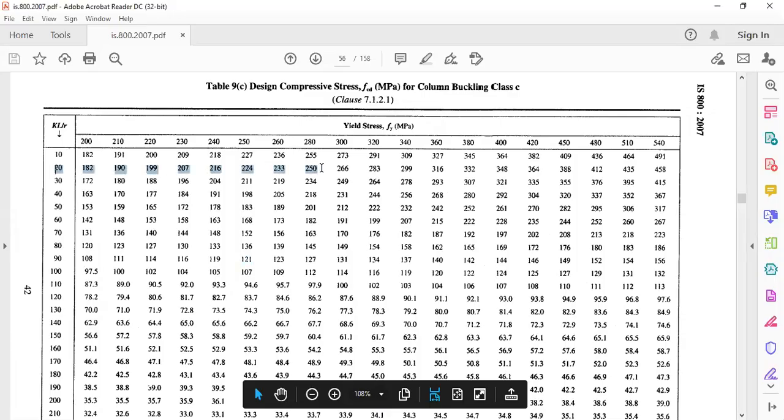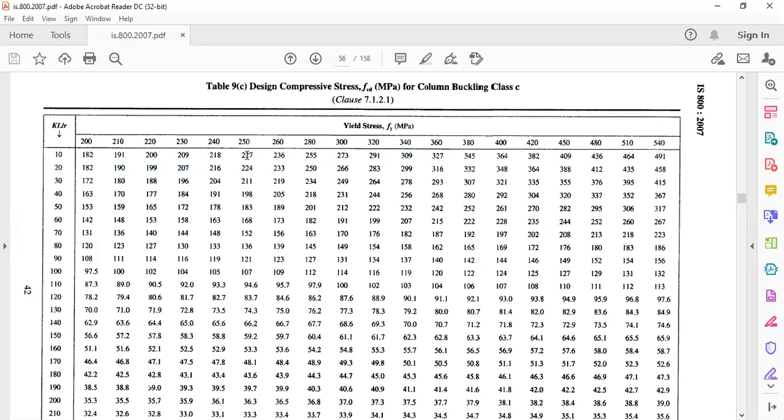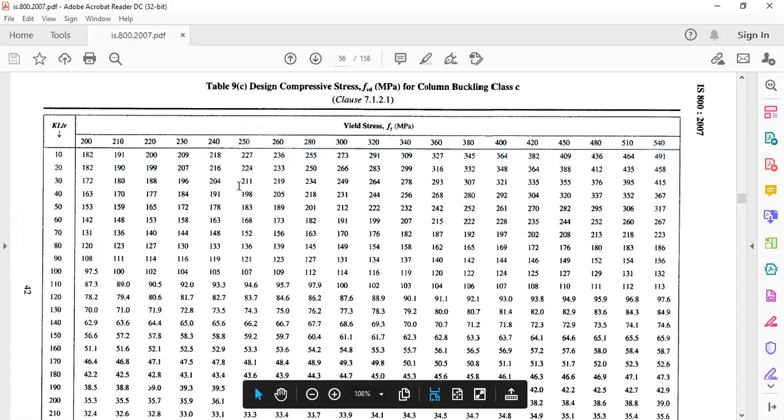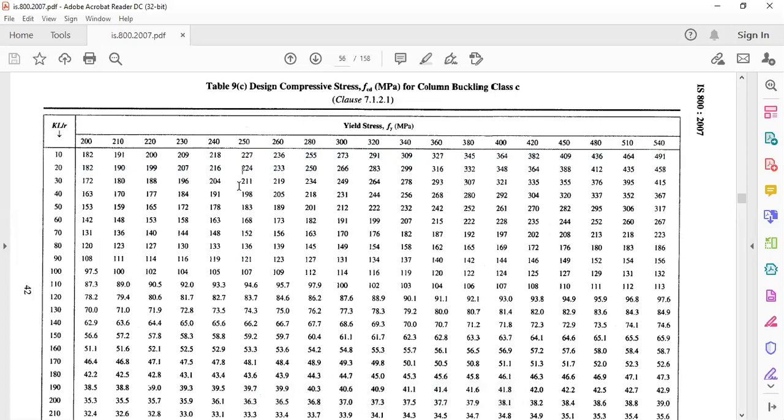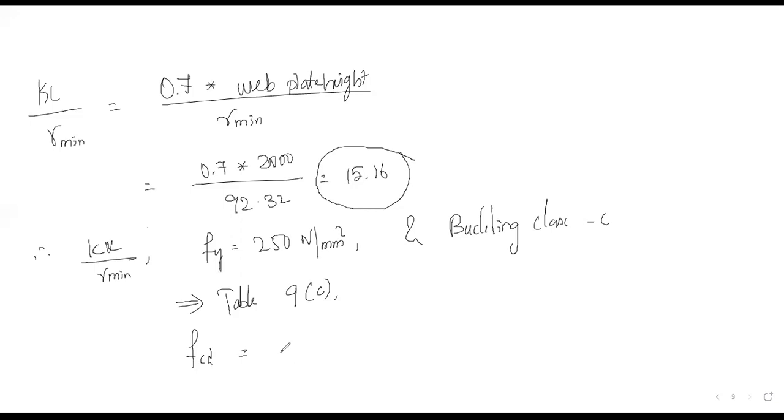So it is between these two values, under 250, between these two. So I am going to take approximately the middle of these two, 227 plus 224 divided by 2. It becomes 225.5. So with respect to those values, our FCD becomes 225.5 Newton per mm square.